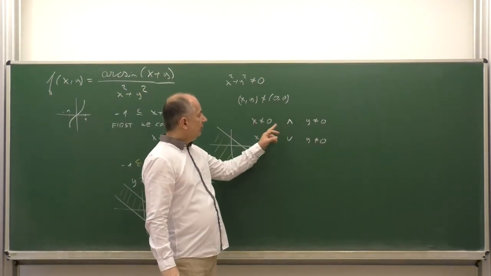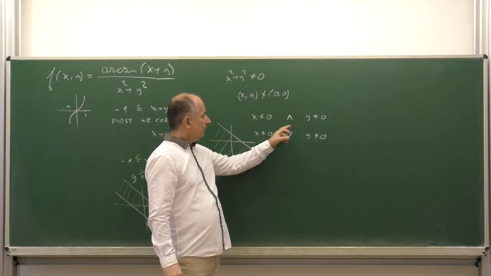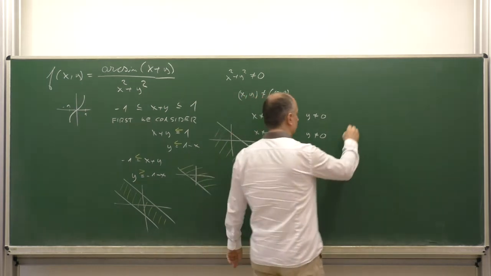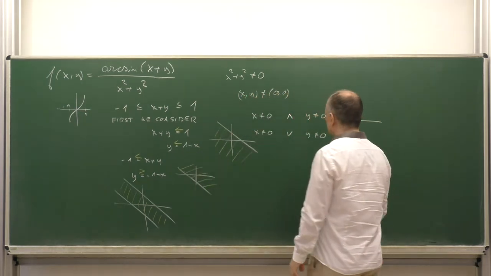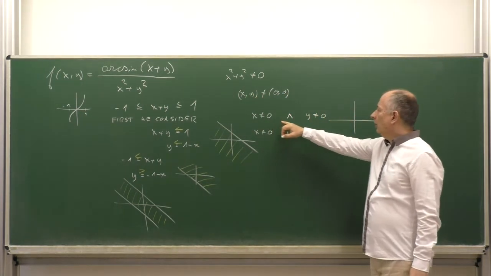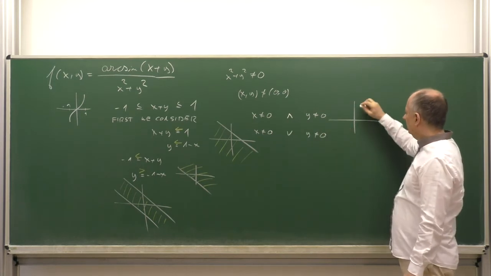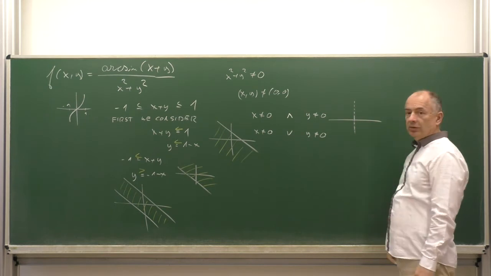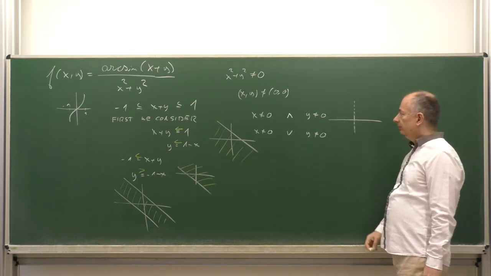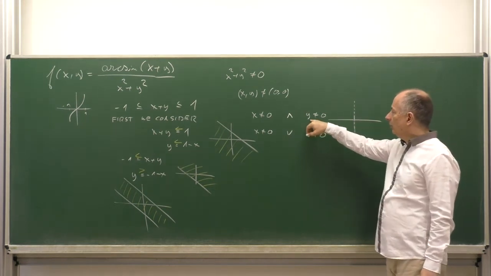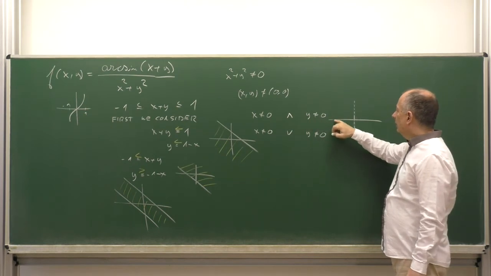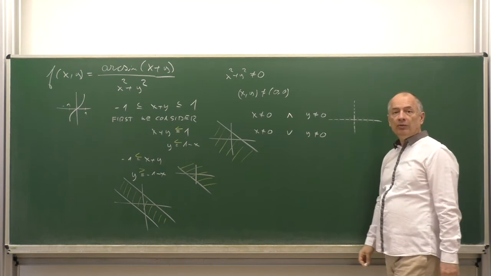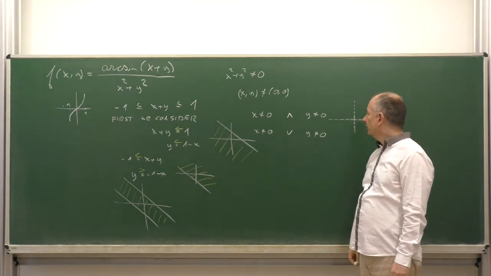If we want to avoid vanishing x, vanishing y, then we want to remove all the points where x is 0. So instead of a full line, we just sketch the dashed line. And if we want to avoid y being 0, then we want to remove even the points on the x-axis.